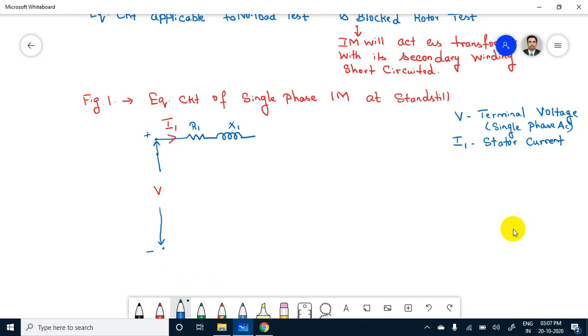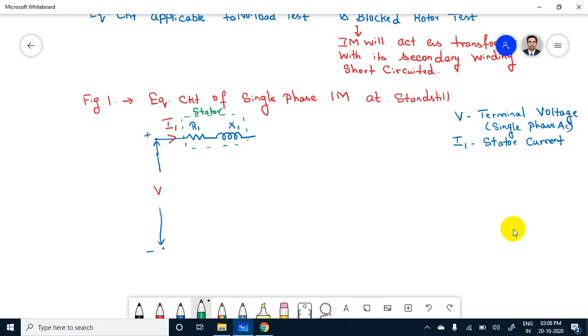Okay, and the combination of this R1 X1, call it as a stator.